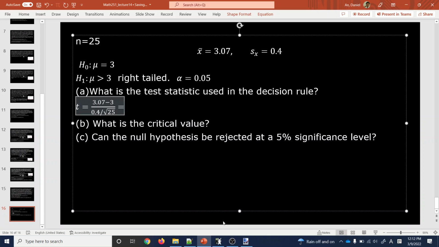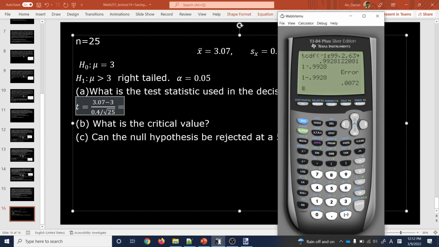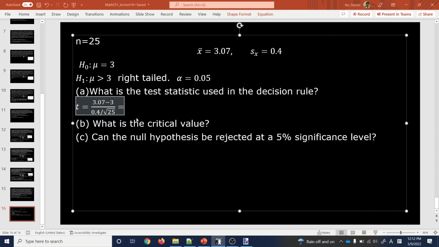Okay, and let's use the calculator to see what that is. So we have parenthesis 3.07 minus 3 divided by open parenthesis 0.4 divided by square root of 25, which is 5, so I'm just going to use that. And that gives you 0.875.